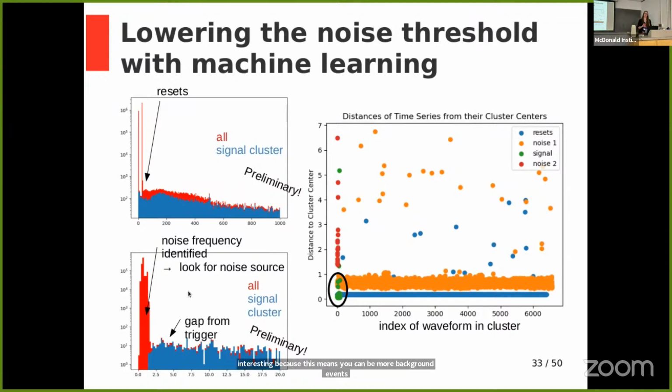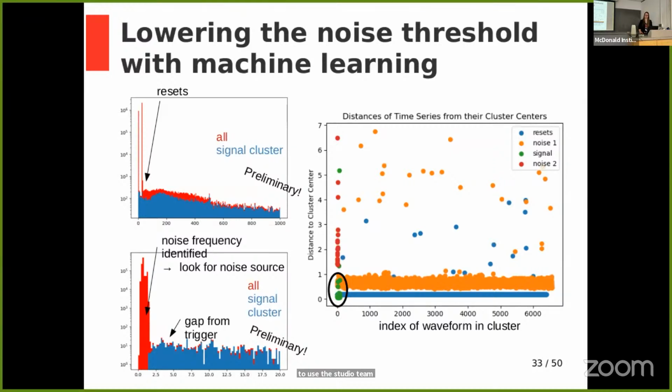The other interesting thing is that there might be physics hidden in very delayed correlations to the beam, which we don't know about and cannot study with the current way that we take data. But if we are able to use this trigger routine, we might be able to get these events.